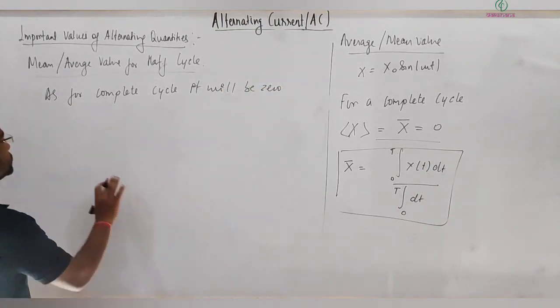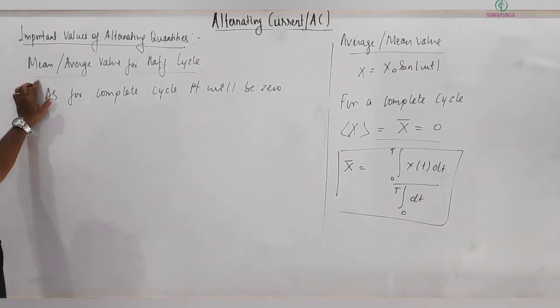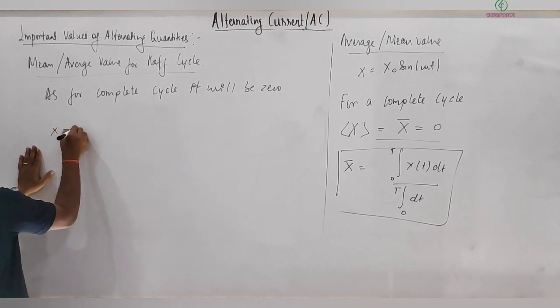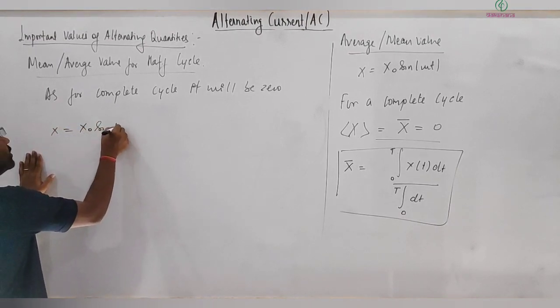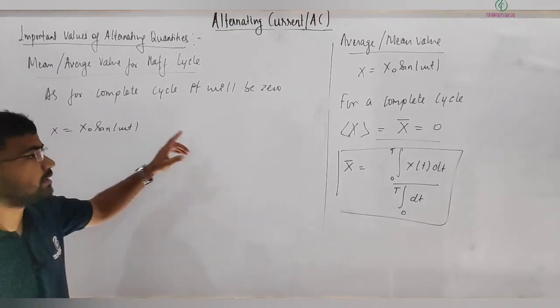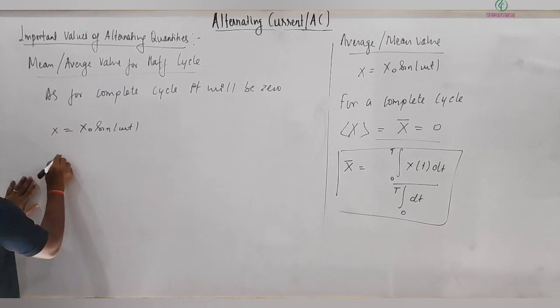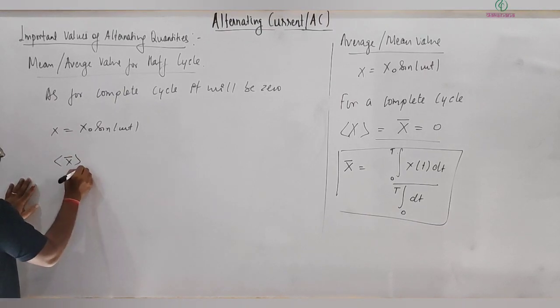Next, now I'm calculating it for half cycle. So x equal to x naught sine of omega t. I'm doing the calculation for general purpose, then I will write the result for both current and EMF.